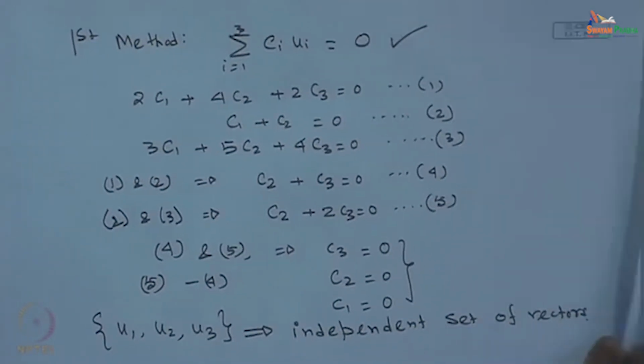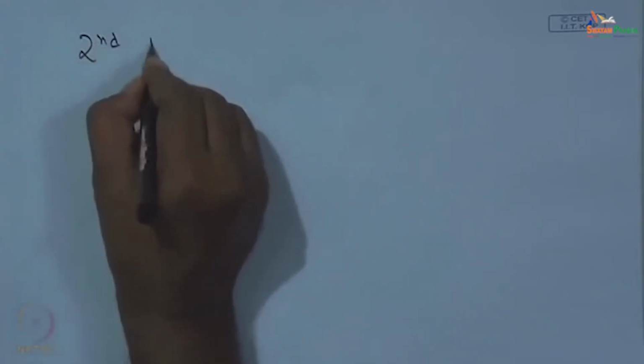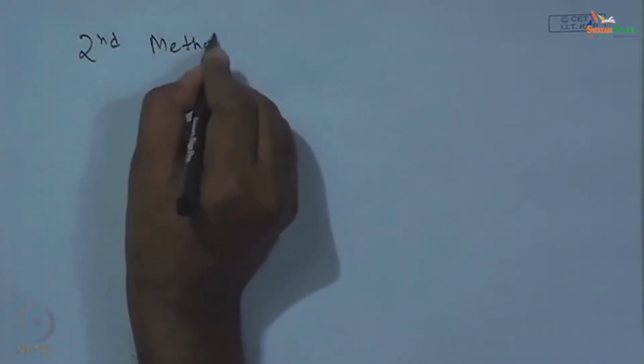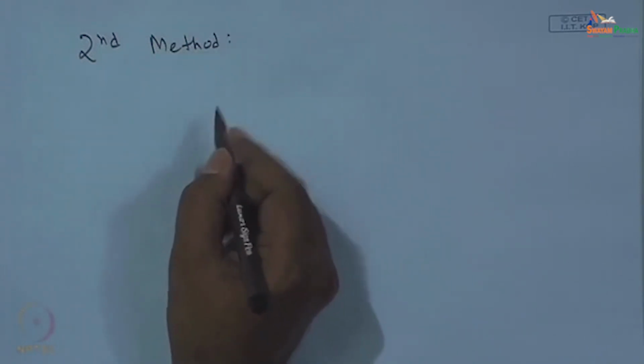Now, let us look at method number 2, that is, the coefficient determinant.